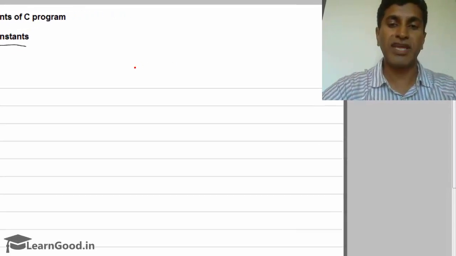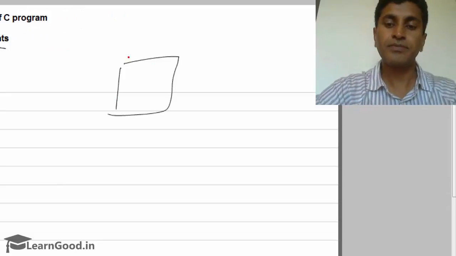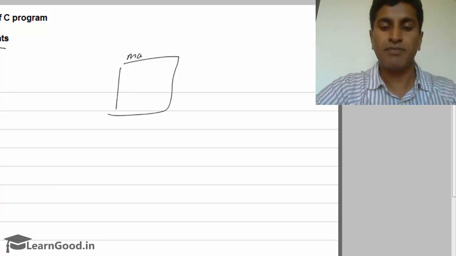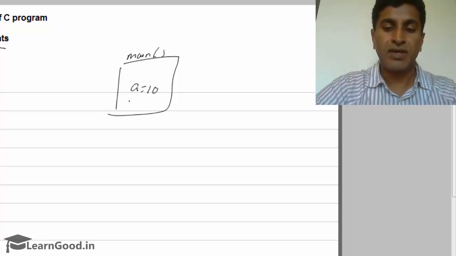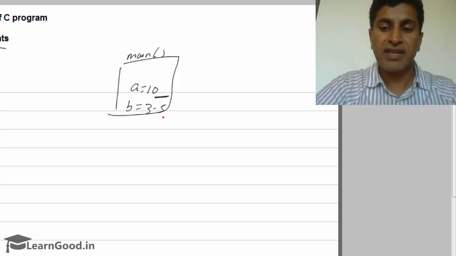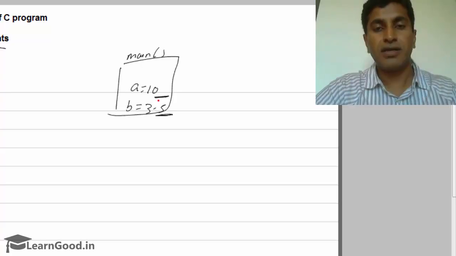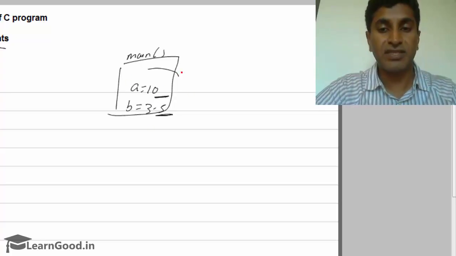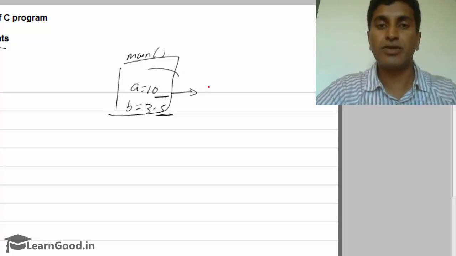For example, in a main function, if I give a value equal to 10, or b value equal to 3.5, now this 10 and 3.5 are nothing but data which is expressed within this program. So these are called literal constants.